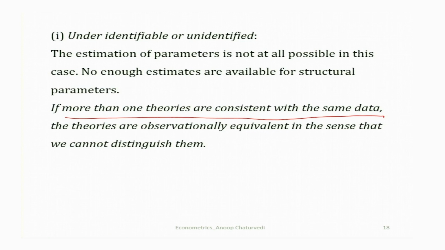So, in some sense more than one theories are consistent with the same data, and that is why the theories are observationally equivalent. Demand function, supply function and their linear combination are observationally equivalent, and we cannot distinguish between them.